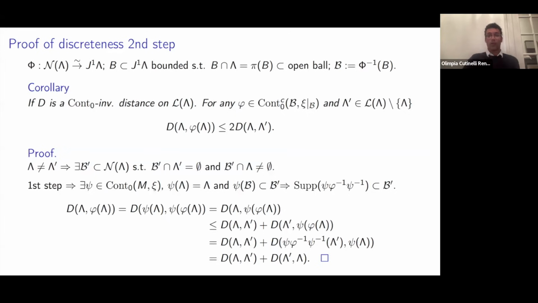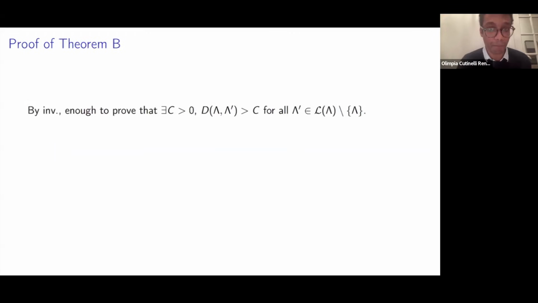So, okay, if no questions, how to deduce theorem B from this corollary, it's not hard.